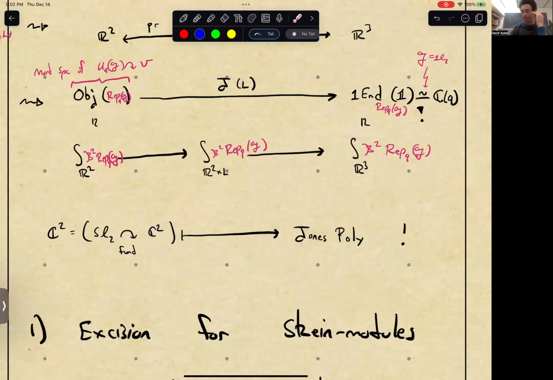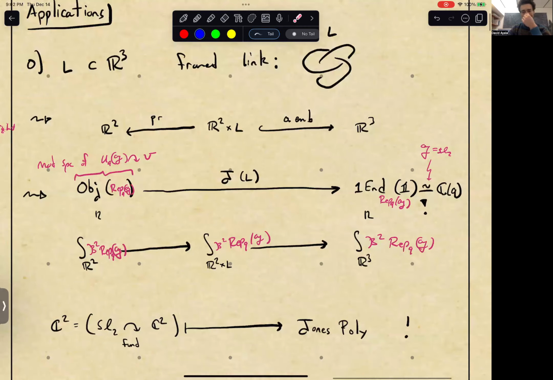Sorry, can I ask a question? Please. These framed links, it's not like in Reshetikhin-Turaev theory, where you decorate the link by certain objects in the representation. But in order to get the Jones polynomial, you somehow need to sum up all the possible labels, right?